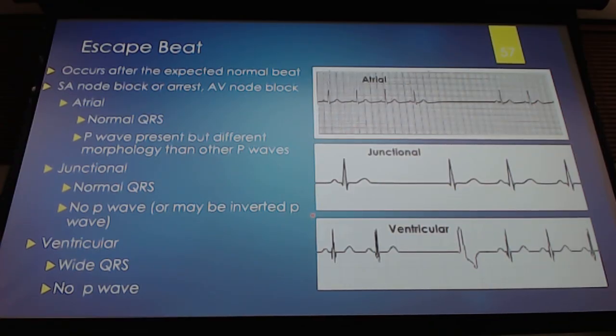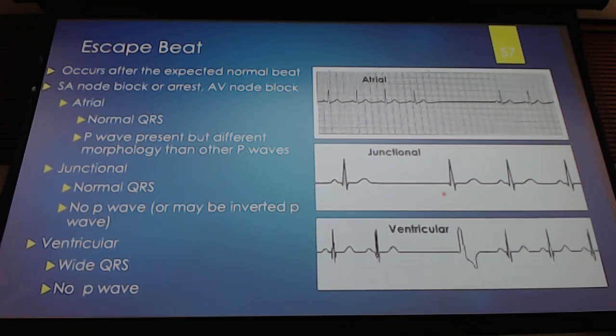So here it looks like we have a PQRST that looks pretty normal, and then we have this delay, and we have this beat here. It's a little bit more obvious here. We do not have a T wave associated with this. It's narrow complex. This is a junctional escape beat. So the junctional area realized we did not get a depolarization or electrical conduction from the SA node.